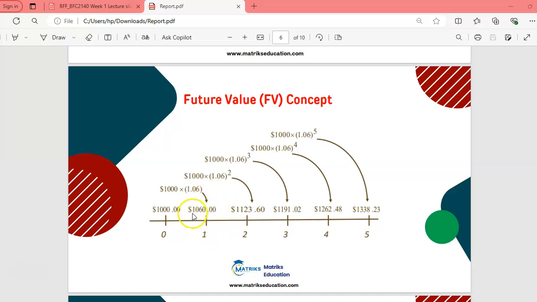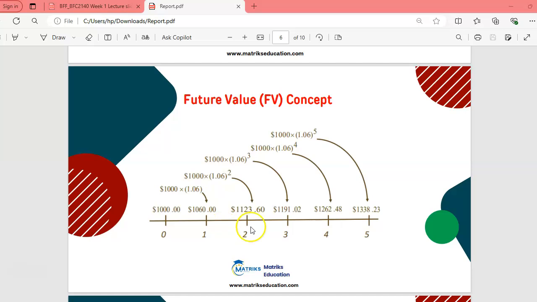So next year you will get $1,060, because using the formula of future value, the $1,000 you have now multiplied by 1 plus 6% equals $1,060. So that's the concept of future value, guys. Future value helps you understand how much money you will get by making a certain investment.